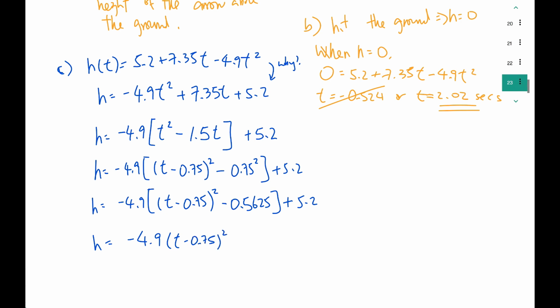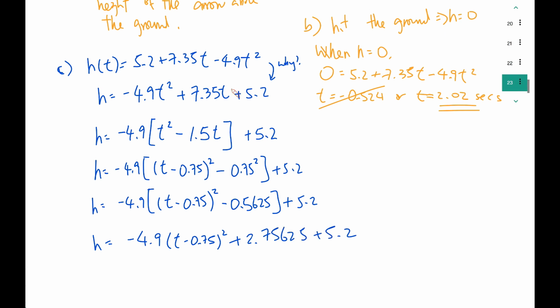Minus 4.9 times negative 0.5625 is plus 27 plus 0.5625. Am I right? It doesn't look right to me. Let me double check my answer. Indeed, I was wrong because the number looks way too big to me. I think I put the decimal point in the wrong place. It's negative, 2.75625.